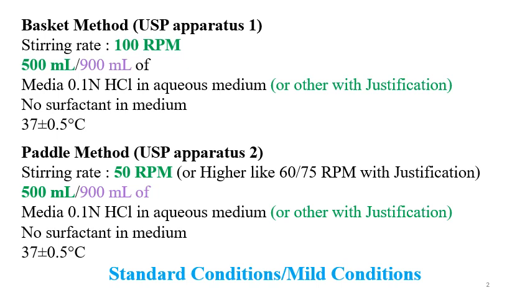Basket method parameters, or USP apparatus 1 parameters, are a stirring rate of 100 rpm, media volume of 500 ml, and for immediate release formulations containing soluble APIs like BCS class 1 and 3, the media is required to be 0.1 normal HCl in aqueous medium without any surfactant, and the temperature will be 37 degrees Celsius with a limit of 0.5 degrees Celsius.